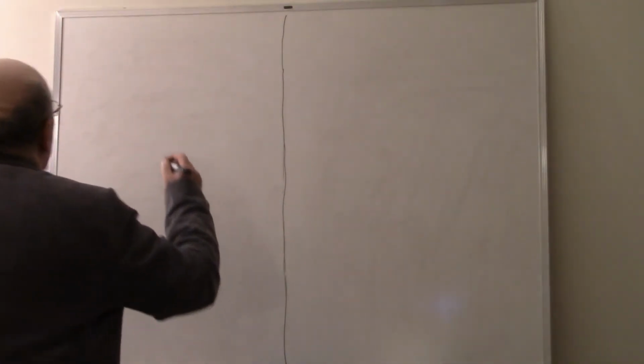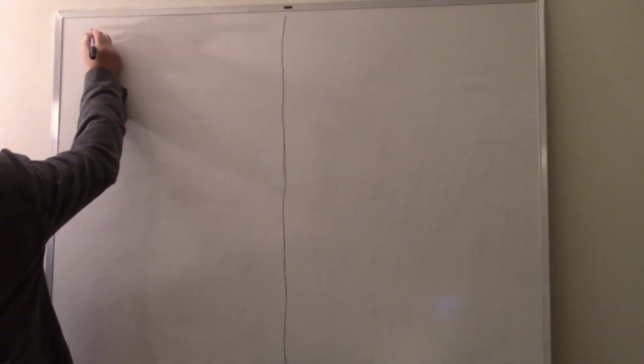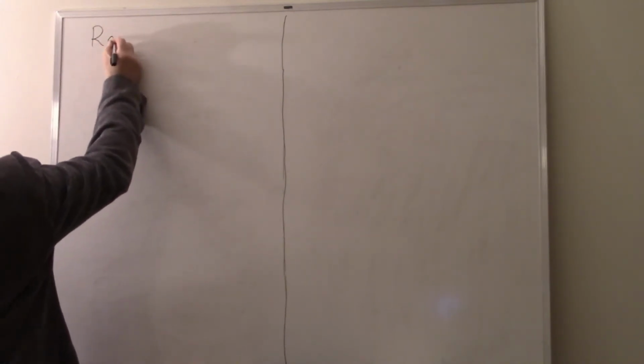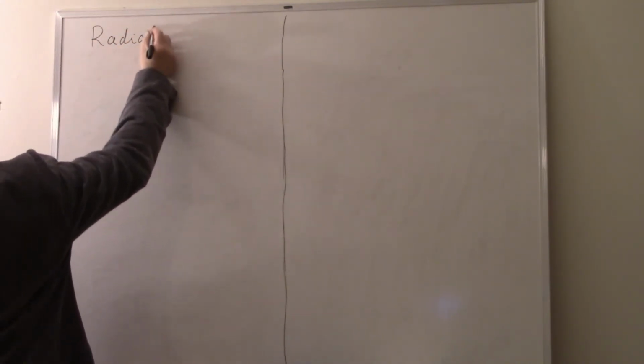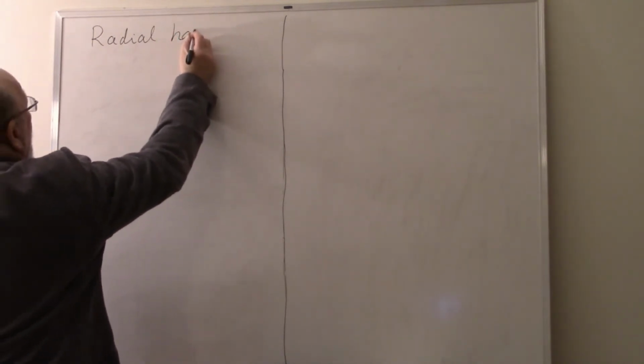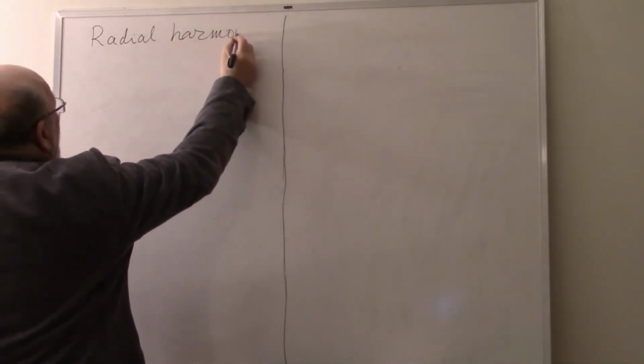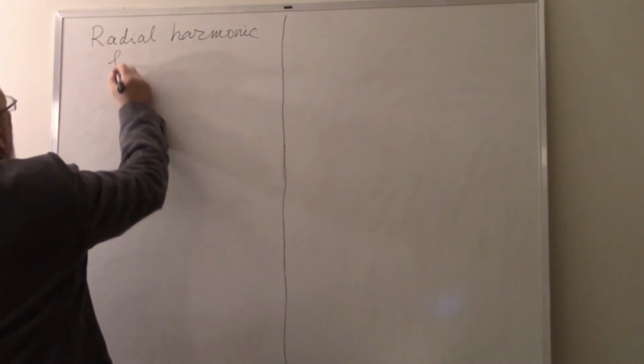Okay, let's continue examples of harmonic functions, and now it is the example of radial harmonic functions.